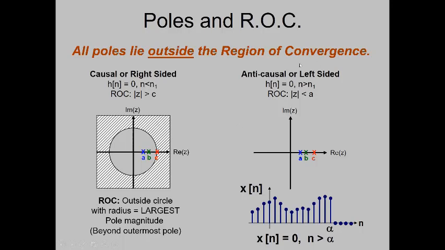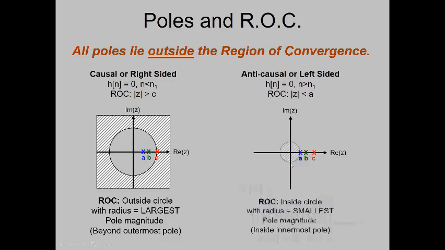If we had an anti-causal or left-sided unit sample response, the transfer function would have a region of convergence. Well, we know for left-sided systems, the region of convergence goes from some radius inward. And again, if I'm not allowed to include any poles, my only choice is to go inside of the innermost pole and start my region of convergence there.